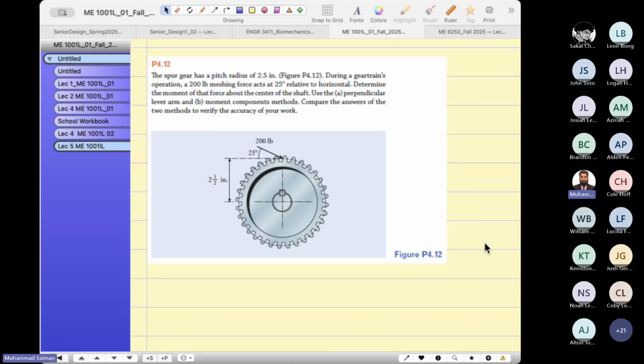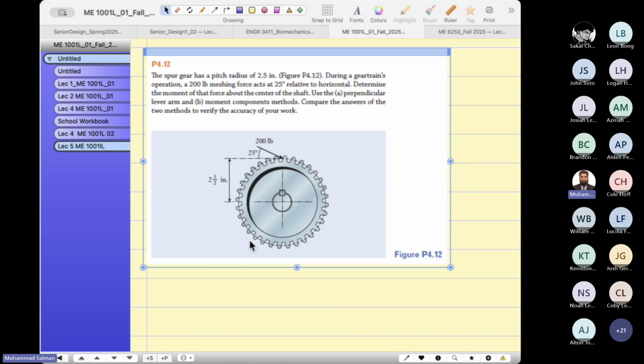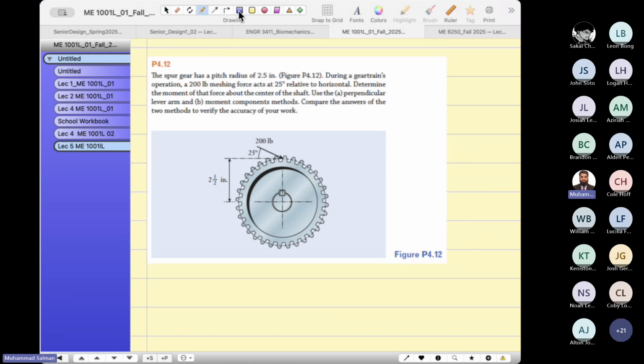A spur gear has a pitch radius of 2.5 inches. So this is 2.5 inches. During the gear train's operation, a 200-pound force meshing at an angle of 25 degrees relative to the horizontal.